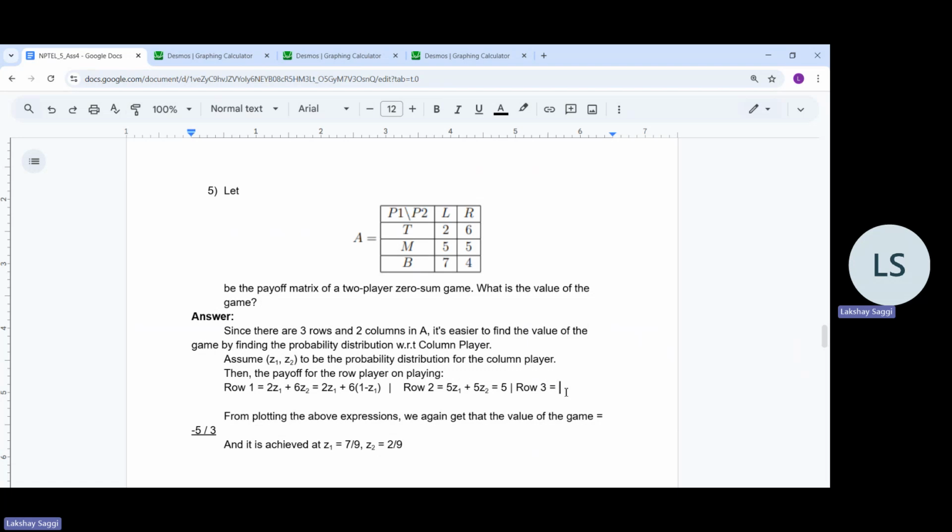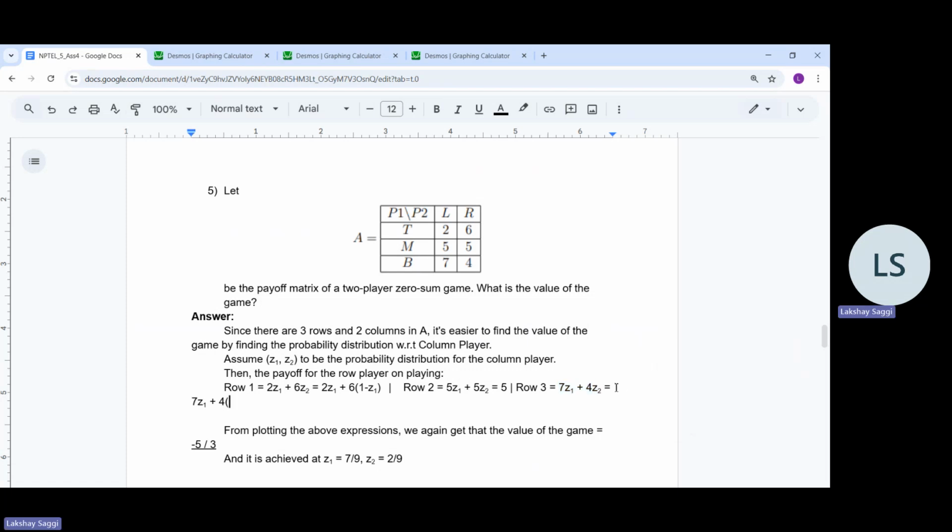Row 3 is 7 times Z1 plus 4 times Z2, and putting Z2 equal to 1 minus Z1, this is 7 times Z1 plus 4 times 1 minus Z1. So these are the three choices the row player can make.